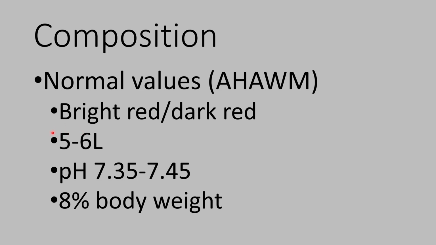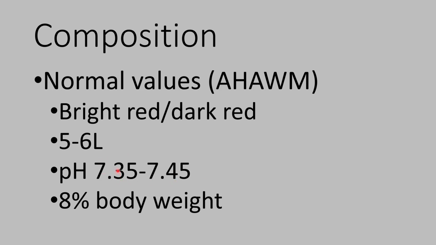The average healthy adult white male should have about 5 to 6 liters of blood in their body. And the pH of that blood should be between 7.35 and 7.45. So slightly alkaline. Remember, 7 was pH neutral. Below 7 was acidic, above 7 was alkaline. So 7.35 to 7.45 is slightly alkaline.